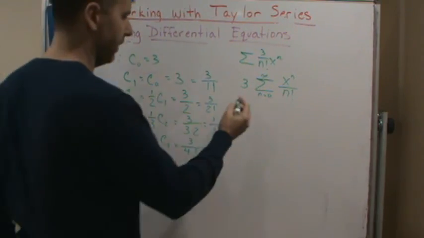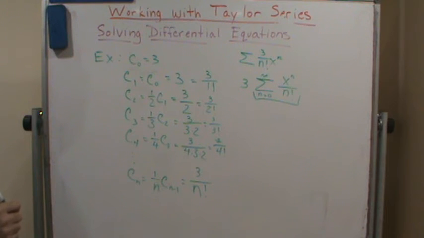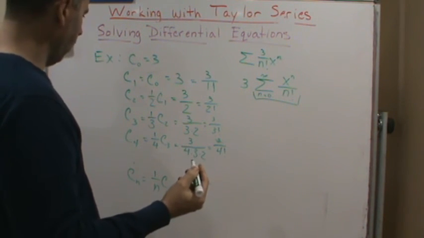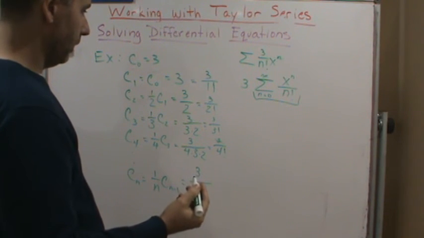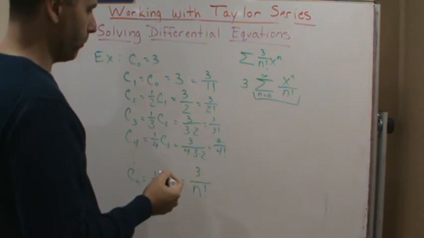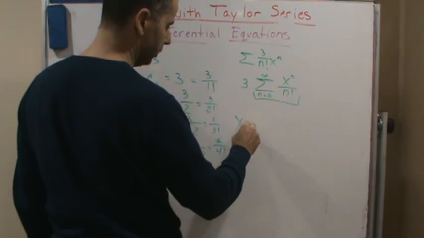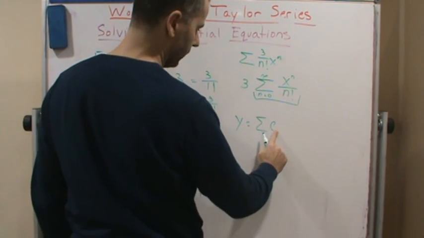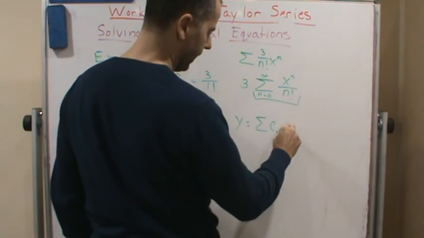What is this series representation of? So what we just did was we said that y equals c sub n x to the nth.